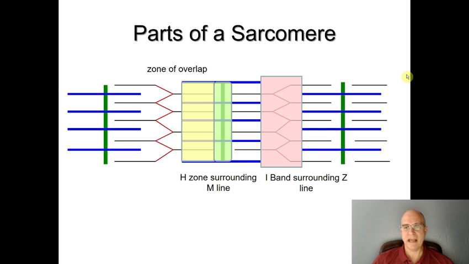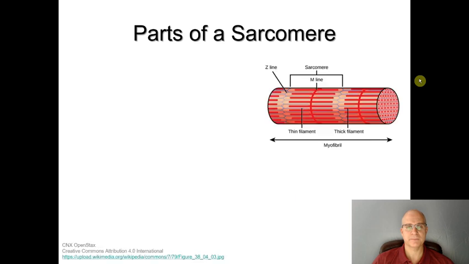This is our I band, which we'll be talking about soon. And smack dab in the middle of our I band, we've got this zigzag line here that's connecting up the actins of different sarcomeres. And we're going to call this zigzag line here in red the Z line or the Z disc.